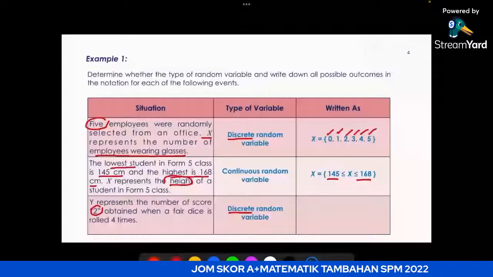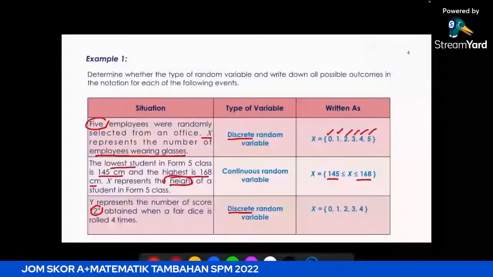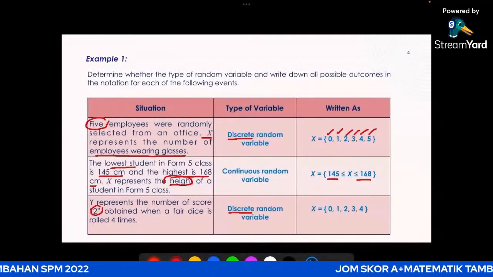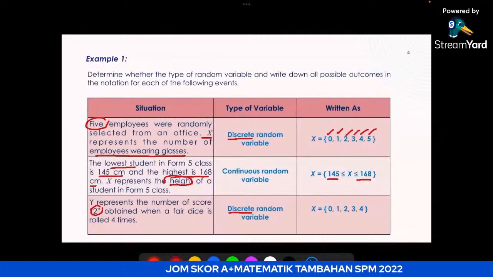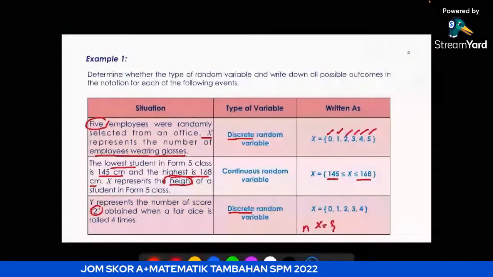In set notation, it is 0, 1, 2, 3, 4. For n times, if we try n times, then X will be 0, 1 until n.